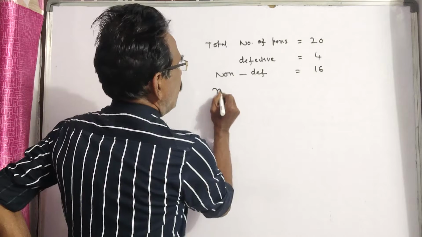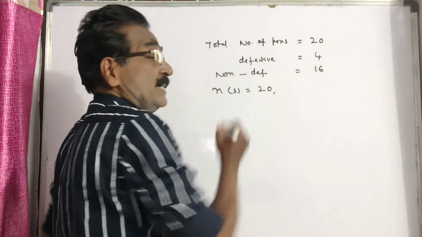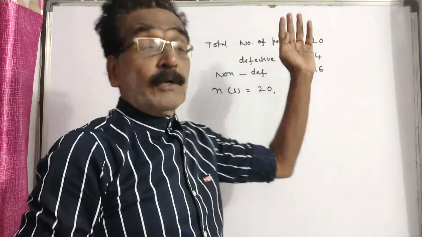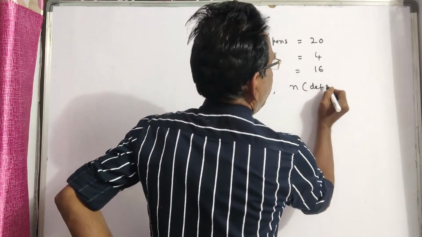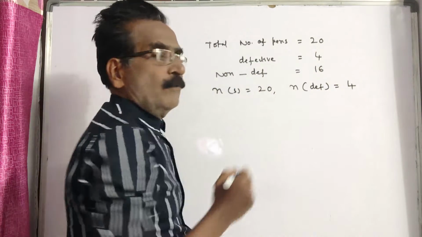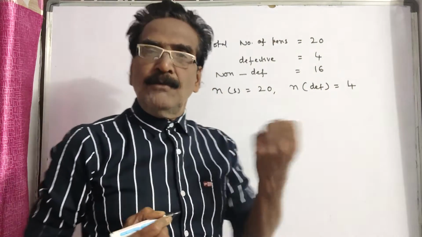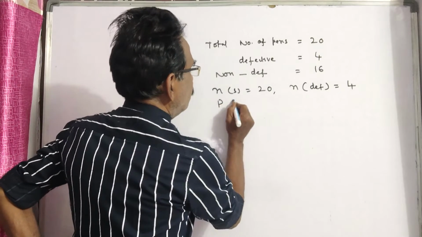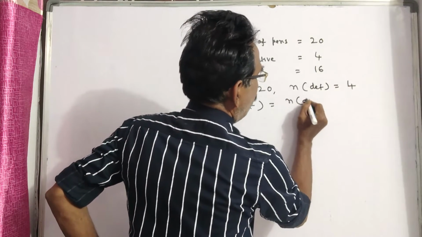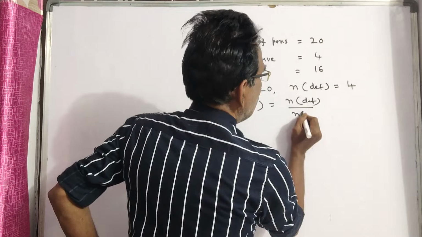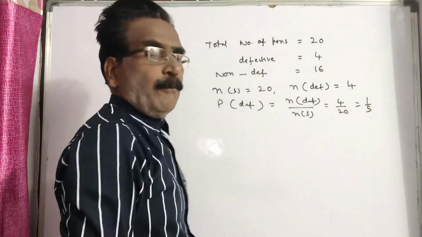So the total number of outcomes n(S) is equal to 20, that is clear, and the number of favorable outcomes for the event of being defective, n of defective, is 4, because out of 20 we have 4 defective pens. So the probability of the pen being defective is equal to n of defective by total number of pens, that is 4 by 20, that is equal to 1 by 5, the required probability.